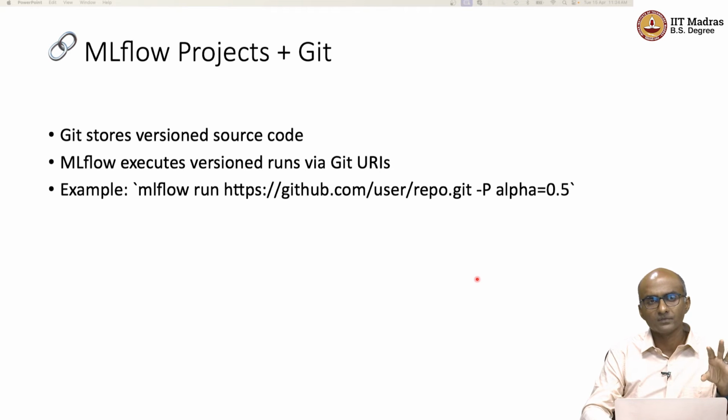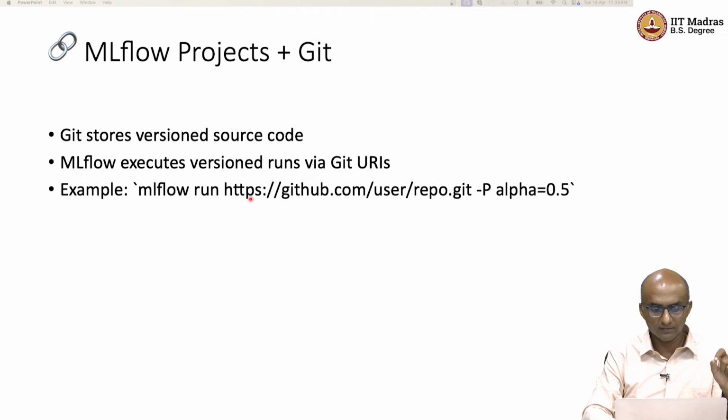So MLflow tracks or records all of that, and it uses the Git source code, right, by referring to a specific version of that particular repo, the code in the repo, and executing that particular version.